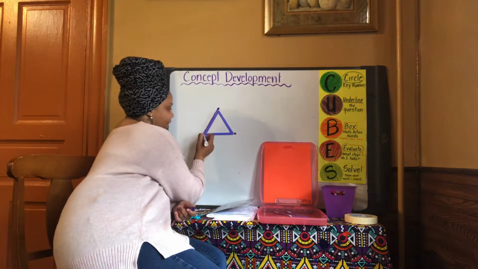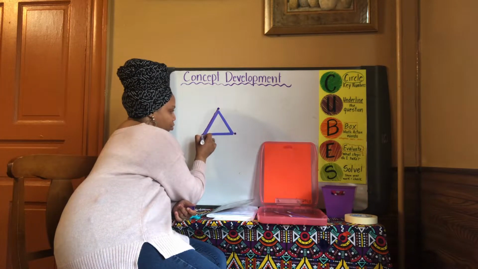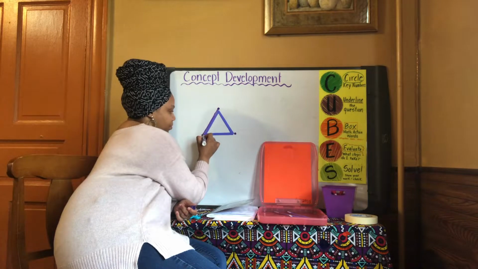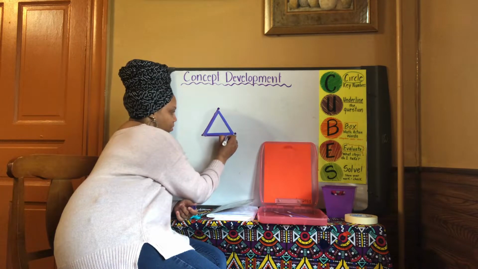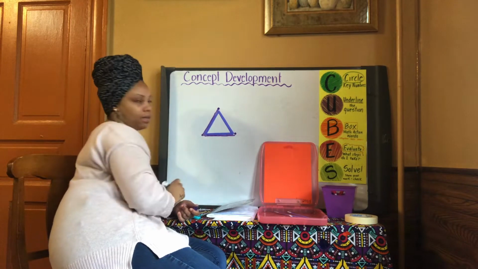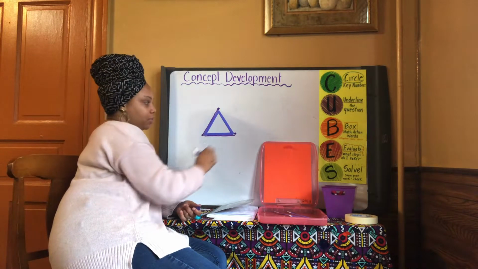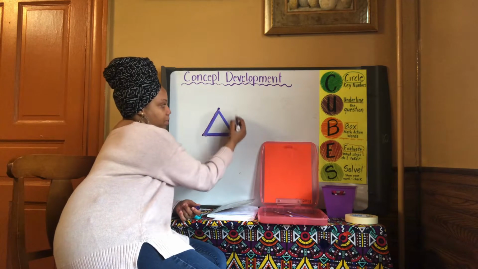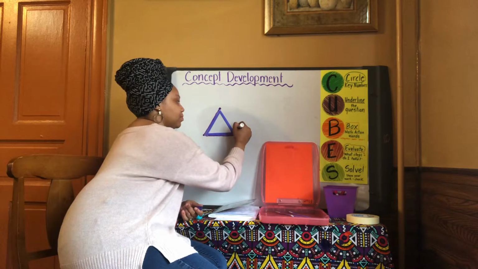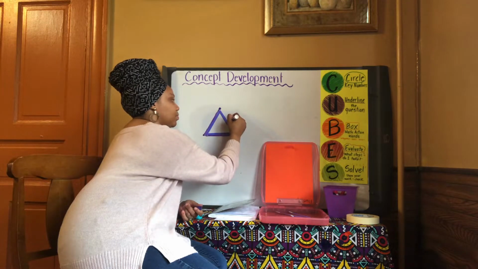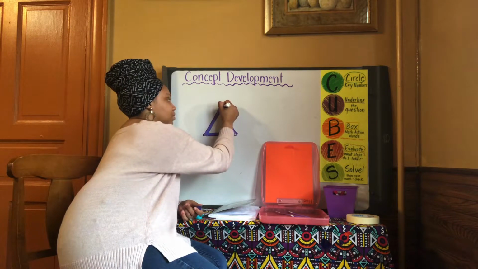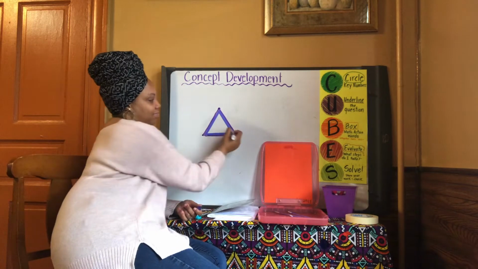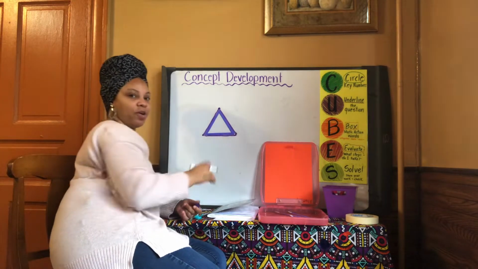All right, let's draw another line from this corner to the next corner. Just like that. Very good. Okay, now let's draw a line from this corner back up to the other corner. If you're with me so far, put a thumb on the back.